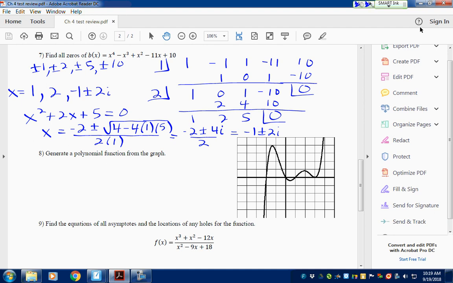So right here we've got a negative 2 is a 0, so x plus 2 is a factor. Here it goes through 0, so that means x is a factor. If you wanted to, you could write x minus 0. So I've got one here, one here. It crosses through at 1, so x minus 1 is another factor. And then here it just touches at 3.